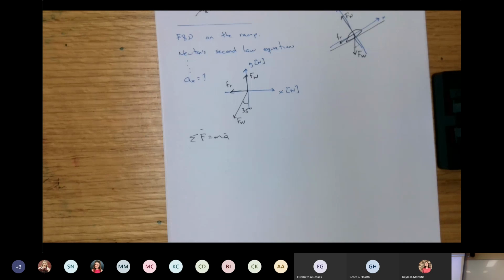Yep. Now, your weight has y components and x components. Okay? Yep.